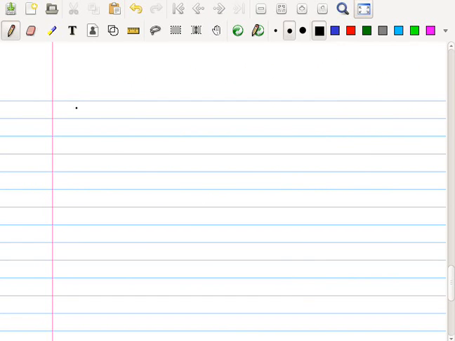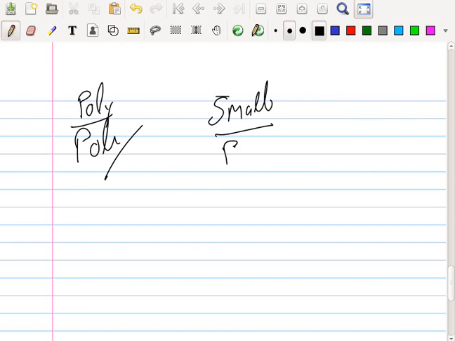If you have a polynomial over a polynomial, who remembers the name of this? What type of function? We did it literally in the last class, and it's possibly the name on the last worksheet as well. Rational function. In today's lesson, the power on the top will always be smaller than the power on the bottom.